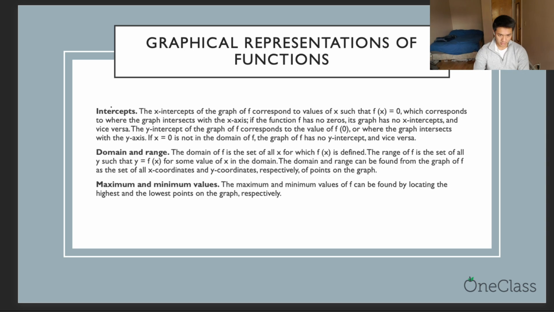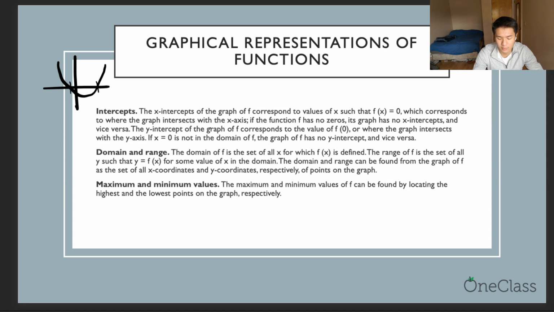So if you want to look at intercepts, pretend this is our graph. Let's just go by standard quadratic. So let's say anywhere that the quadratic intersects the x-axis, so it's right here and right here, those are two zeros, right? And those are what we refer to as x-intercepts. So anywhere the graph intersects the x-axis is going to be an x-intercept.